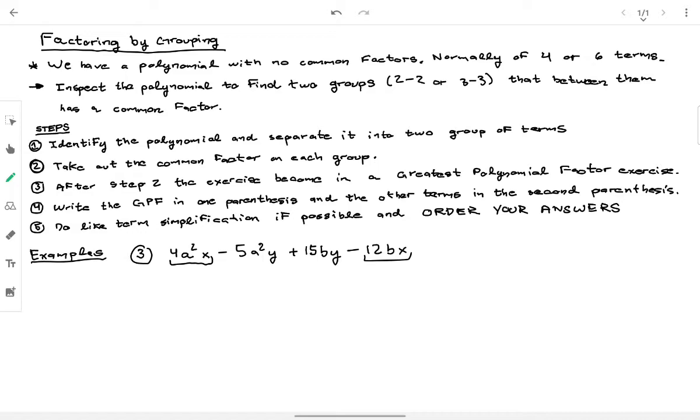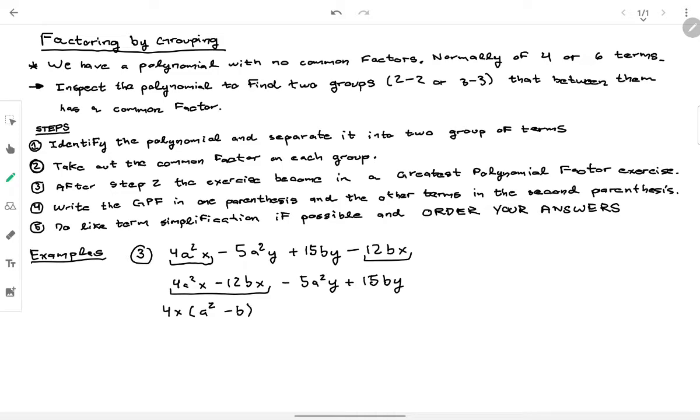So in this case, it's going to be 4a squared x minus 12bx minus 5a squared y plus 15by. So from the first terms, I can take out a number 4 because all of them are divisible by 4. And I can take also an x. So it's going to be multiplied by a squared minus b.